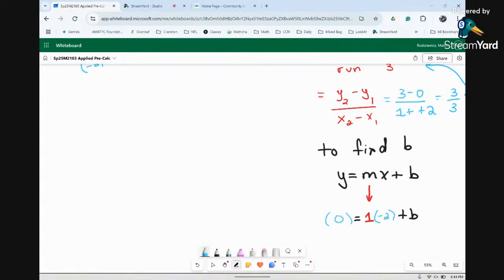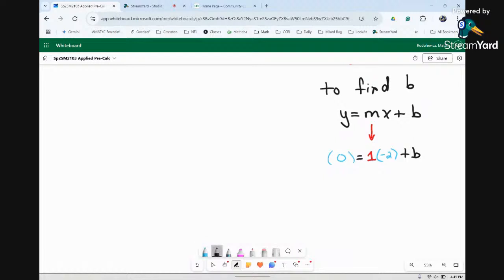For y, sub in 0. 0 equals -2 plus b. We would add 2 to both sides and get the y-intercept. So I don't know if your guess was right or not. If you guessed 2 or you figured it out, good. But here's the algebra way to find the b value.